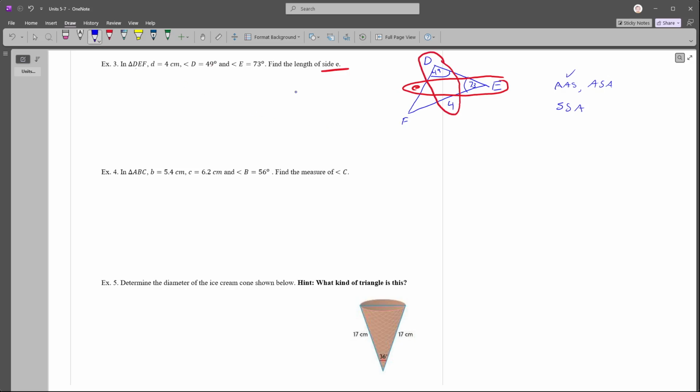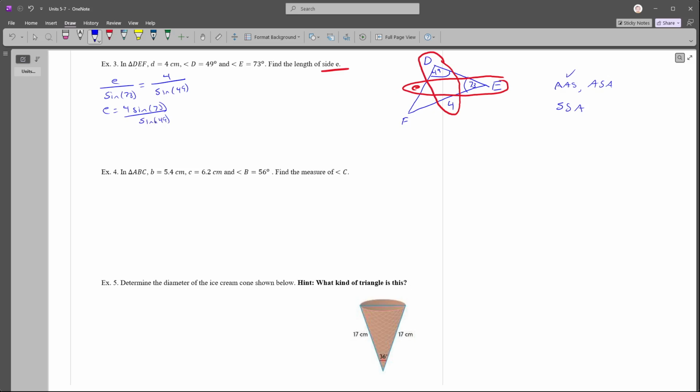We're looking for side E, so it goes on the top, over the sine of its corresponding angle, which is 73. And that's going to be equal to the side D, which is 4, over the sine of its corresponding angle, which is 49. We cross multiply again, and we end up with E is equal to 4 sine of 73 over the sine of 49.